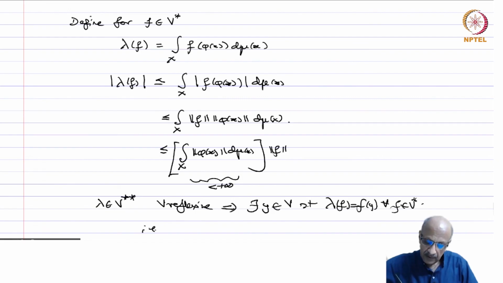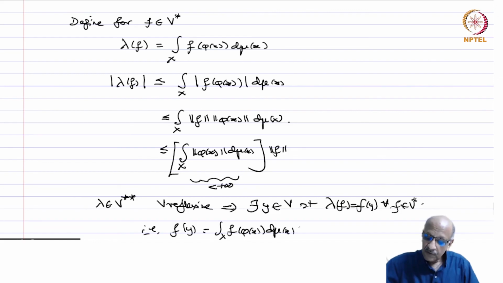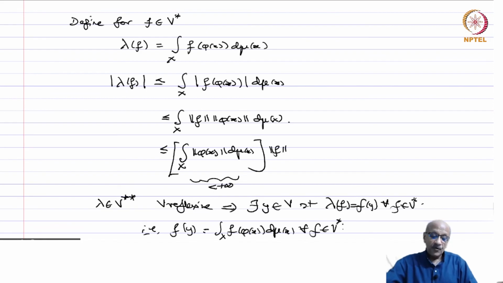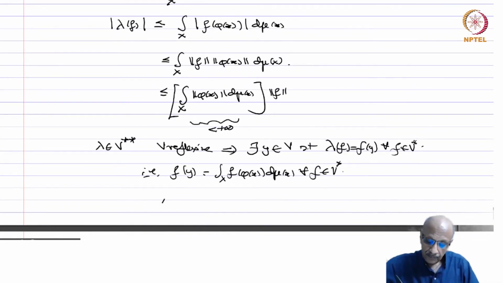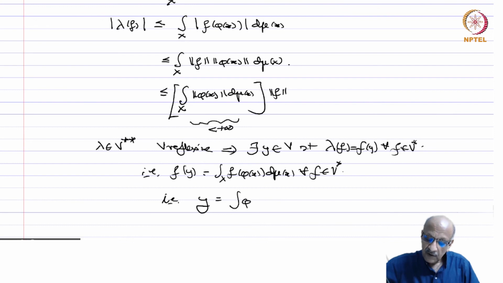That is, f of y equals the integral over X of f of phi of x d mu of x for every f in V star, and that is exactly saying that y is the integral of phi. Okay, so by definition y will be the integral of phi of x d mu of x over X.